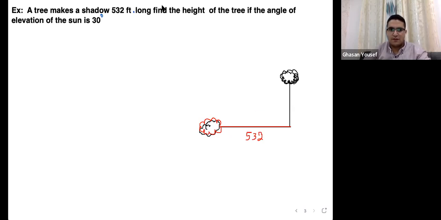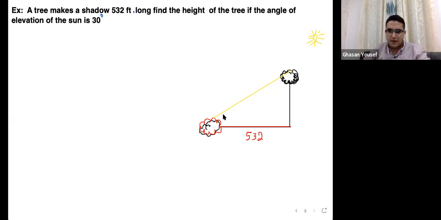So here is my sun. The sun ray looks like this. Okay, this is the sun ray. And the angle here, the elevation of the sun, is 30 degrees.